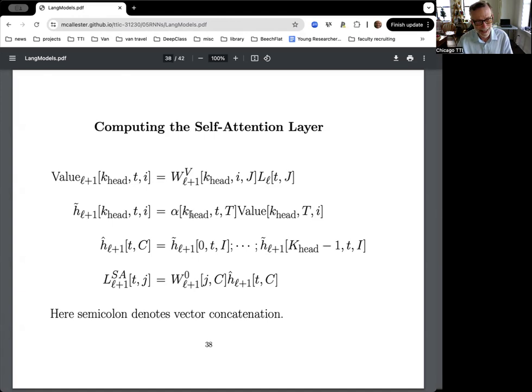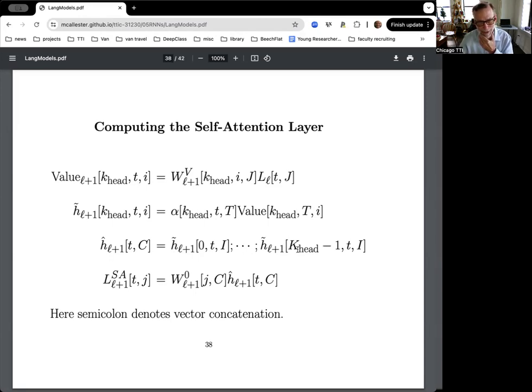Okay, so let me try to say that again. At each position, I get an attention, a convex combination across the other positions. At the other positions, I have values. I weight the values by that convex combination, and that gives me a value for that head at the new position. And then I have all these heads, right?